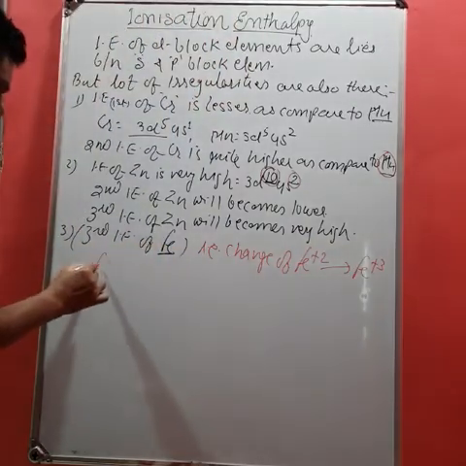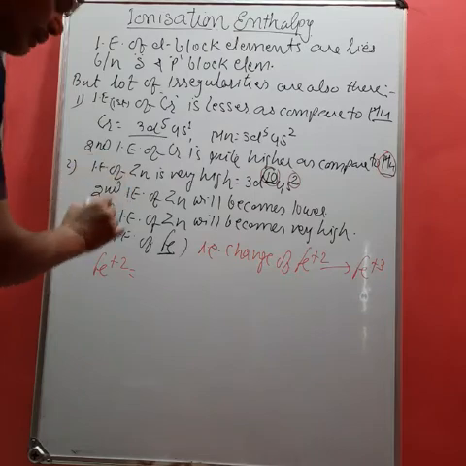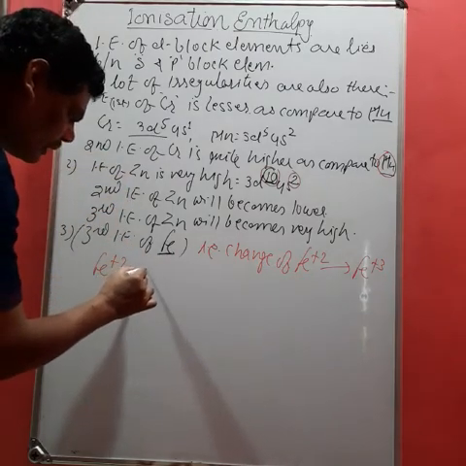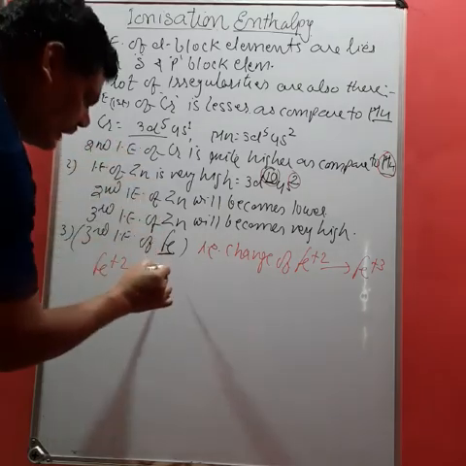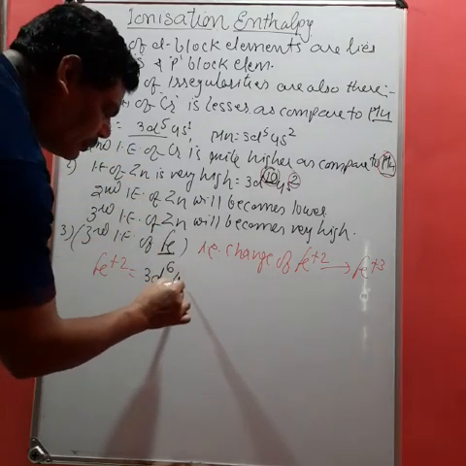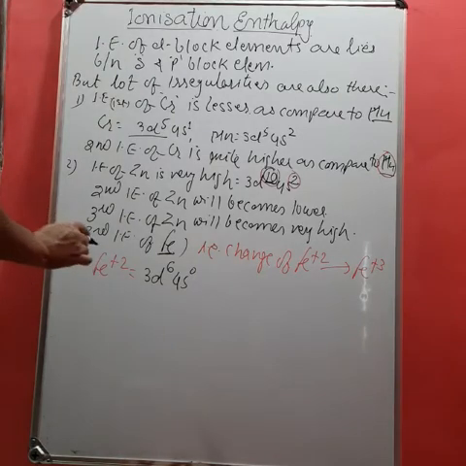Now what about the configuration of Fe plus 2? The configuration of Fe plus 2 is 3d6 and 4s0. This is the configuration of Fe plus 2.